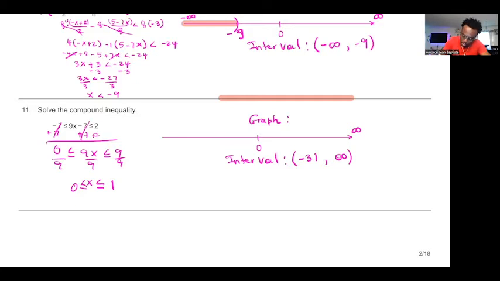So at 0, we put a bracket because x is greater than or equal to 0, it's included. And then at 1, you're going to put a bracket as well because x can also be equal to 1. And then the shaded section of my number line for the solution is everything in between. So that's the shaded section.